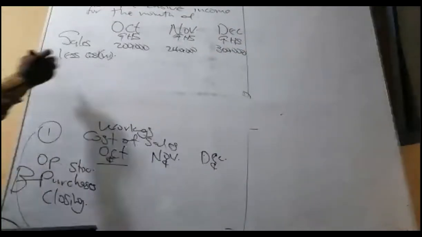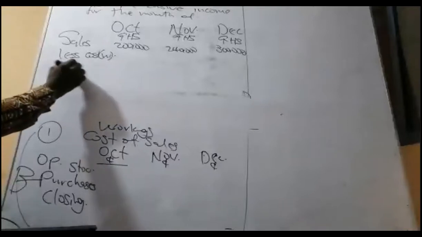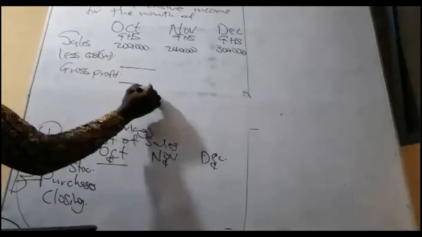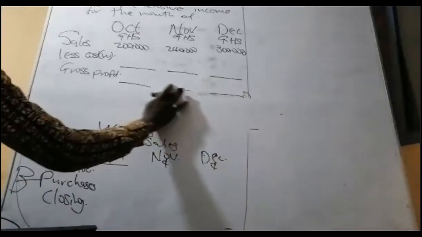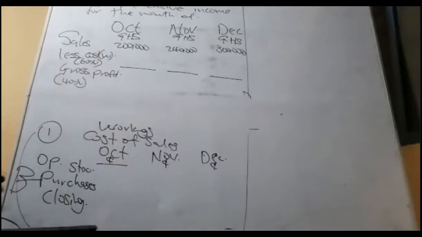And then the gross profit is what? 40%. So let's make it a bit simple, like this. So tell the examiner that, but let's take this section off. The gross profit is 40%. Cost of sales is what? 60%. That's all.